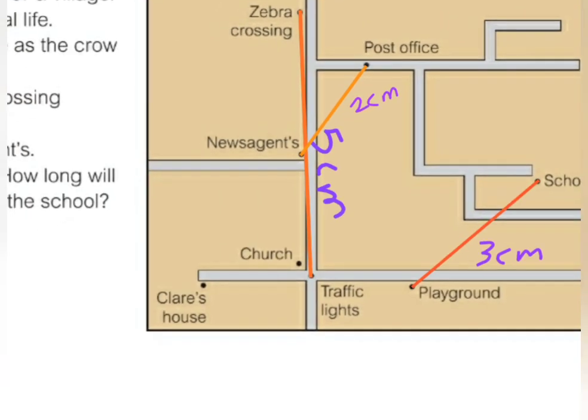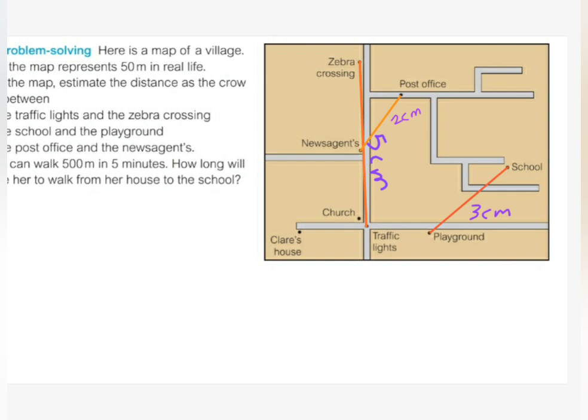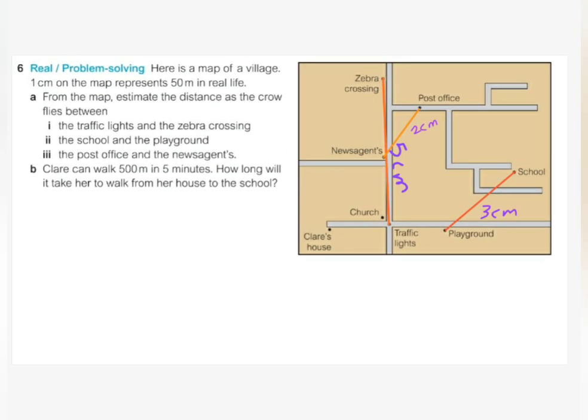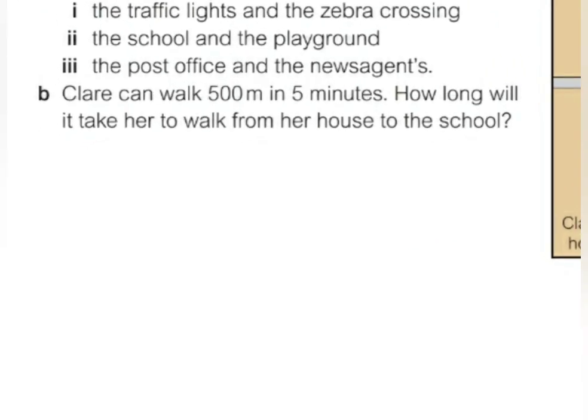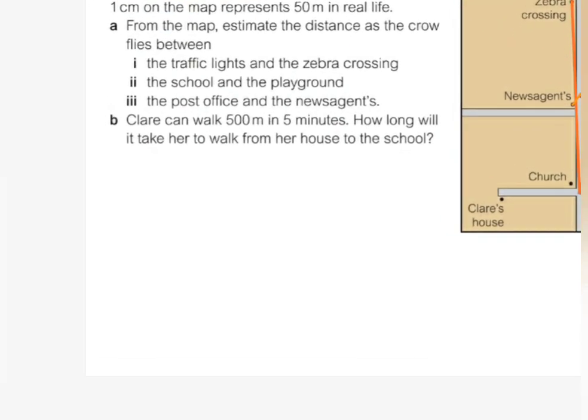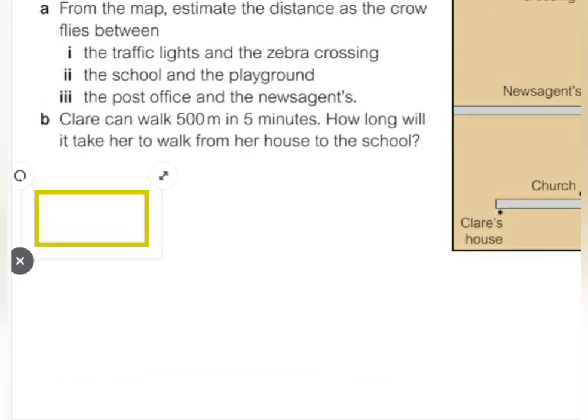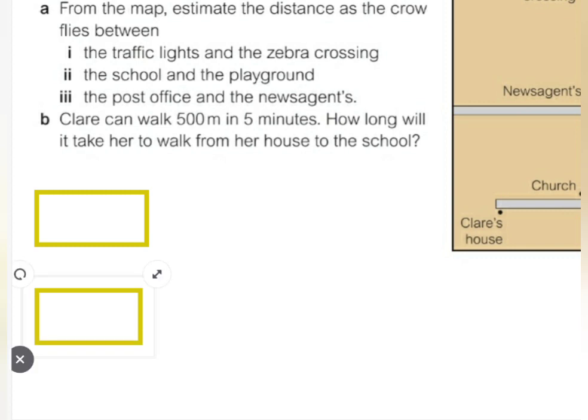So we have 3 lines, and each line has a length on the map. Now we're going to turn these lengths into real life lengths. Using the X method, same idea as we did before, we put the boxes here. 4 boxes.